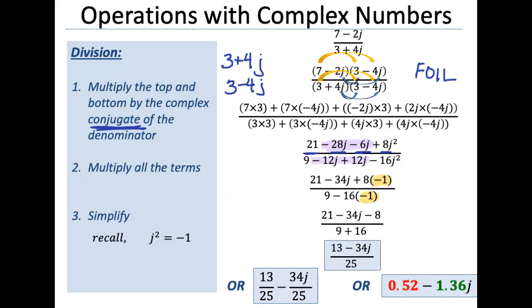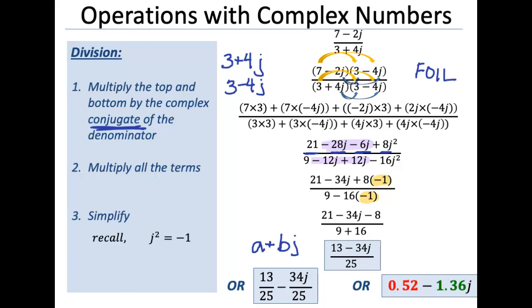Now, if I were writing this out, I'd probably leave it like this. But in answering some of your questions in my math lab, they may ask for exact answers in the form a plus bi or a plus bj. So if they ask for it in that form, that means you need to separate it.